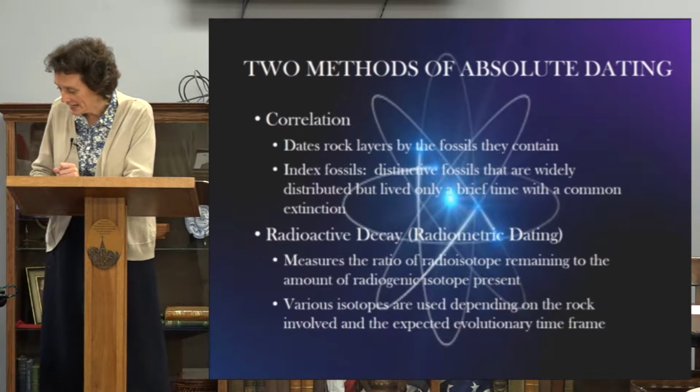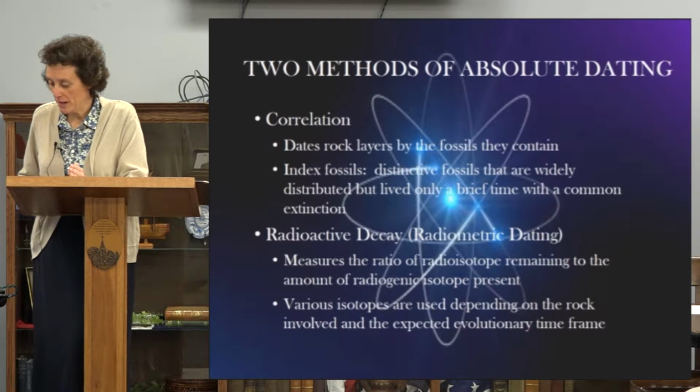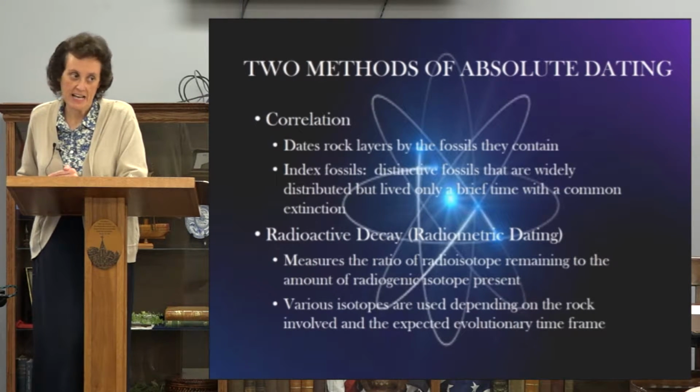What is radiometric dating? It's going to measure a ratio of radioisotopes remaining in a sample to the amount of radiogenic isotopes.